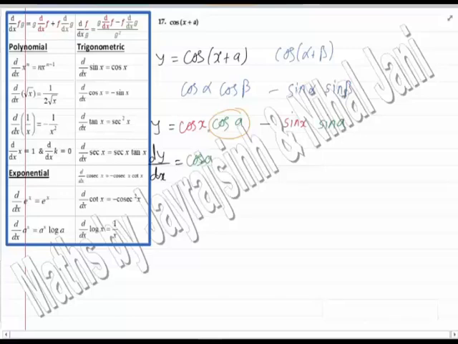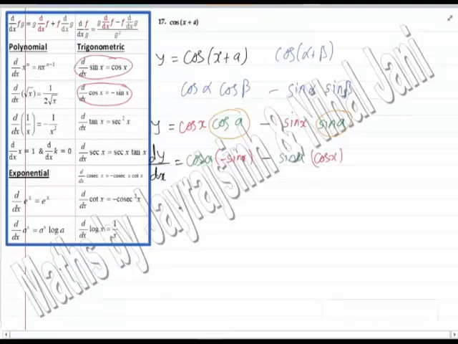We just have to focus on the differentiation of cos x, and yes, we know that the differentiation of cos x is minus sin x, right? Okay, now in the second term, as you can see, sin a is constant, so we don't have to worry about the sin a. We just have to differentiate sin x, and yes, we also know that the differentiation of sin x is cos x, right?